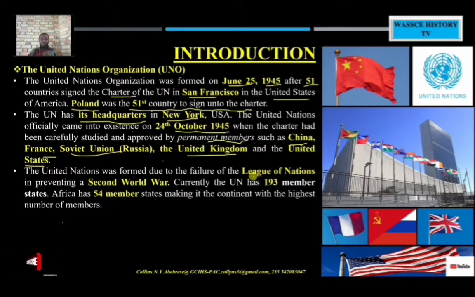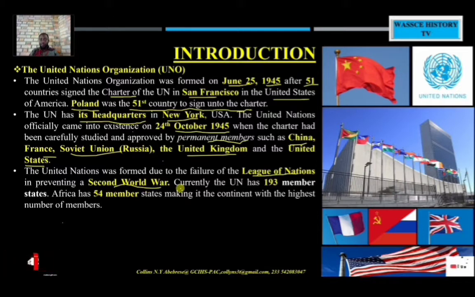Good. Let's then move on to the reasons for the formation of the UNO. Now, the UN was formed as a result of the failure of an earlier organization, which was known as the League of Nations. And the mandate of the League of Nations was actually to prevent the outbreak of a second world war.